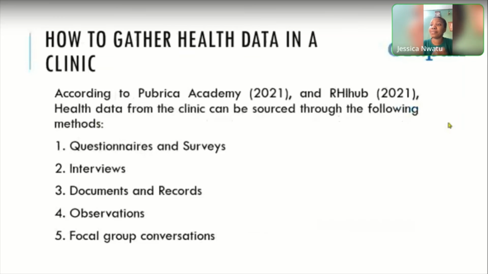Then the next slide is how to. I've listed all the sources and ways it can be obtained, but there are specific ways to gather them. The first one is questionnaires and surveys. I've explained that earlier. Questionnaires are written documents that people tick options in. Basically, you ask them questions and they answer you.